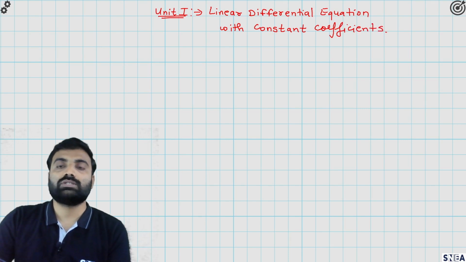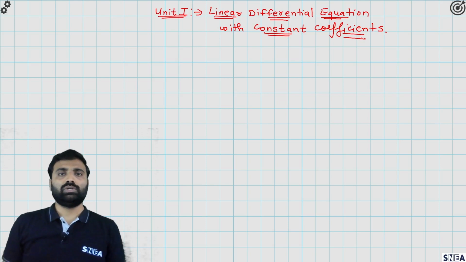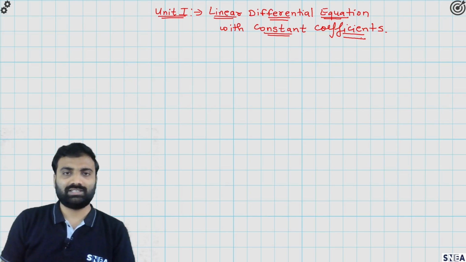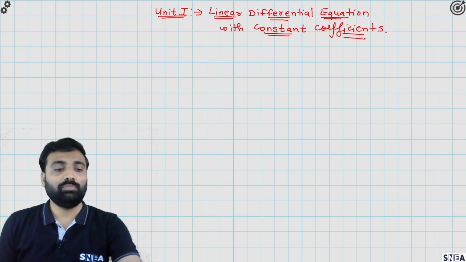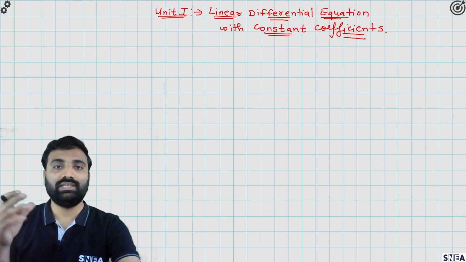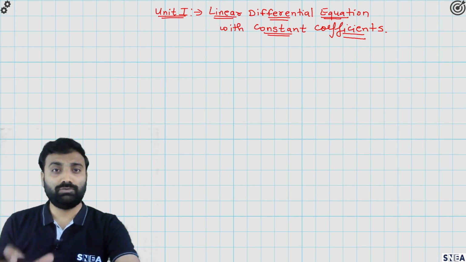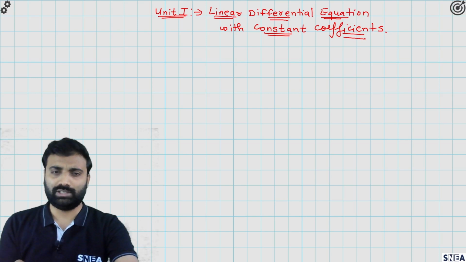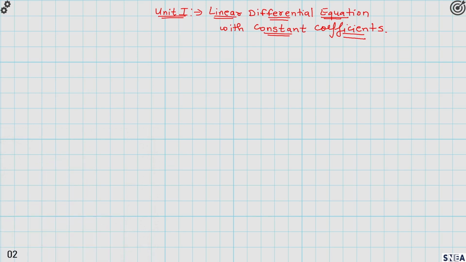Perfect. So let us understand its meaning. Linear differential equation with constant coefficients. Okay, let us start again from the basics. Let us see the meaning first: what does equation mean, and then we will use it in linear differential equation.